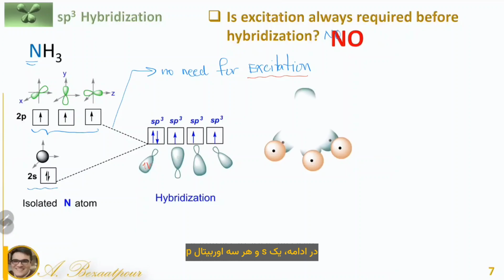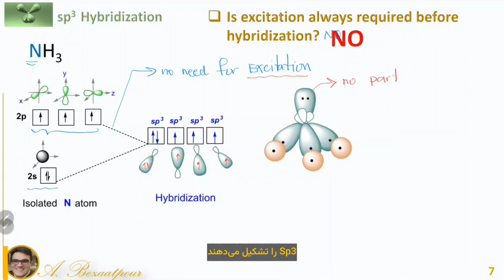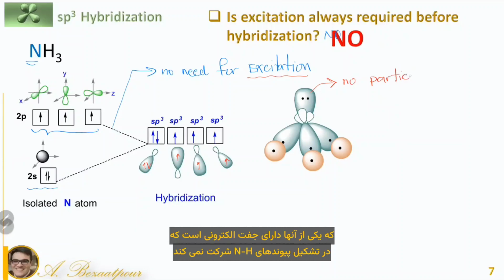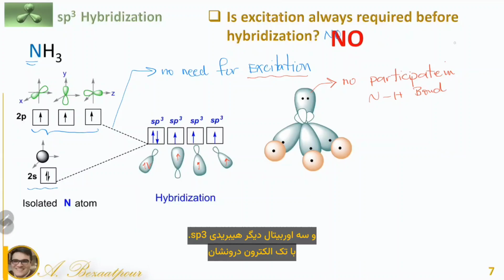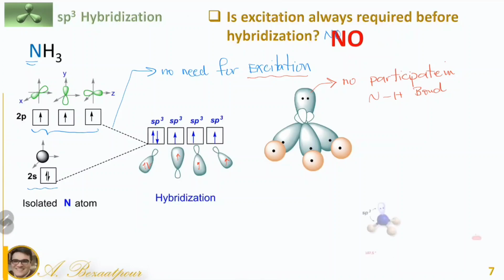In the following, 1s and all 3 p orbitals of the nitrogen atom mix together and form 4 sp3 hybrid orbitals, one of them with the electron pair which does not participate in the formation of the NH bonds, and the other 3 sp3 hybrid orbitals participate with a single electron in the formation of the NH bonds.